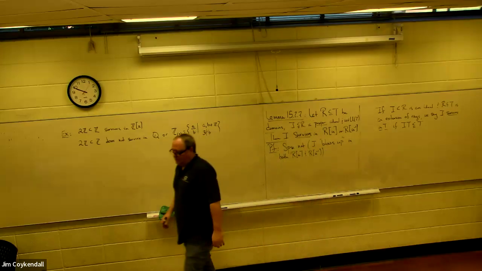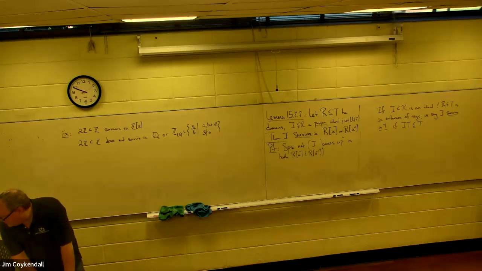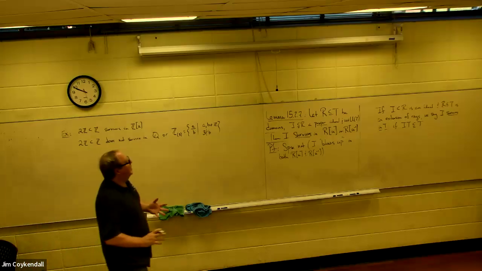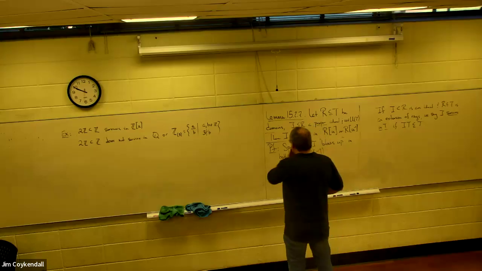And we're going to do a minimality contradiction. So actually, I don't think I'm going to be able to get through all of this. So let me just kind of set it up and leave you with something to think about, and you can finish it off next. So let's suppose that this blows up in both R[U] and R[U inverse].